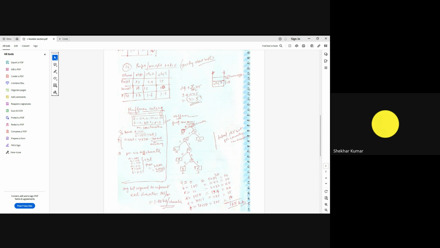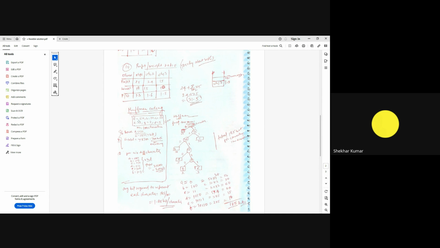But that is not compulsory. You can do it in the reverse order, but every time you do the same thing. I am taking the minimum value on the left hand side and the maximum value on the right hand side. If the values are equal, then I will consider it on the left hand side. This is an assumption.